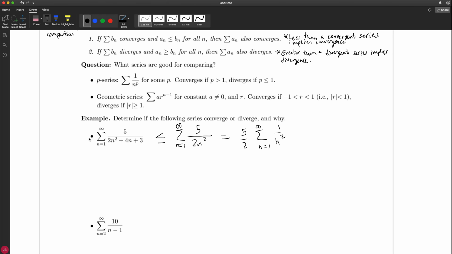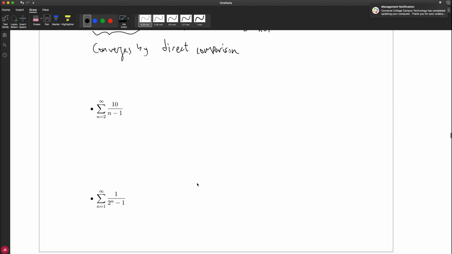And now you'll notice this is less than a convergent series, and so it must converge by direct comparison. So you'd show the work like we did above, and then your conclusion after showing the work would be converges by direct comparison, right?